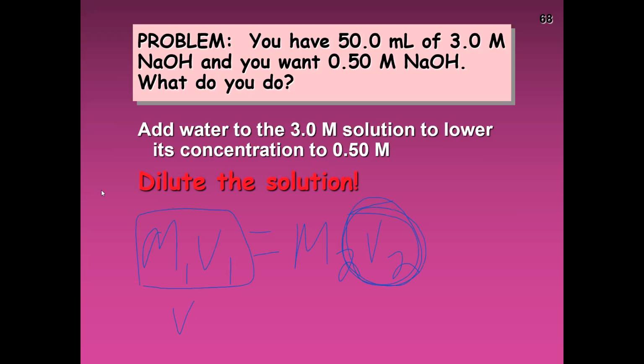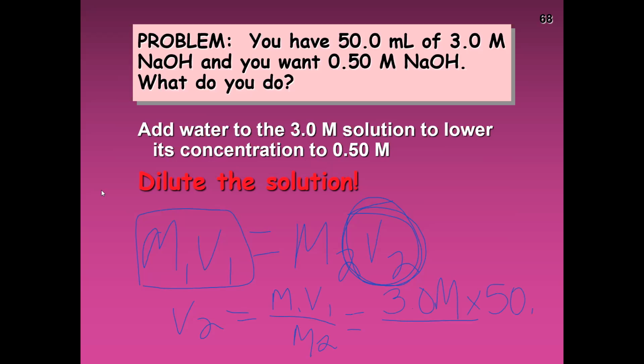So V2 will be equal to M1 times V1 over M2. M1 is the molarity that you're starting with, which is 3 molar. And this time you don't have to change it to liters because they gave it to you in milliliters. So your answer is going to be in milliliters.